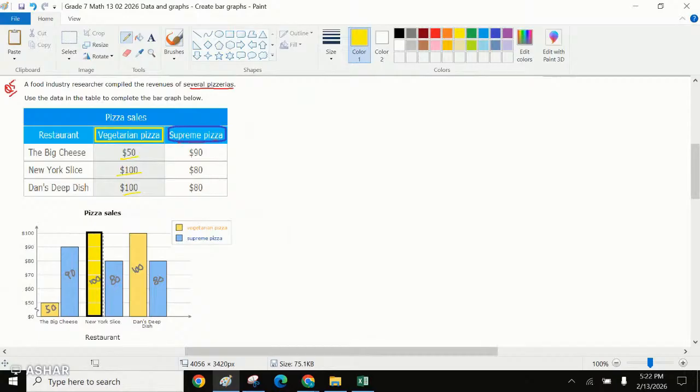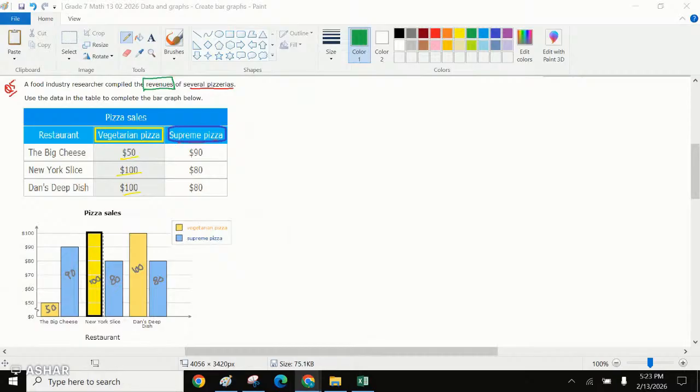Because it's revenue based, not menu based, we can find which pizza had most choices, what people like more, vegetarian or the supreme. Okay, let's move ahead.